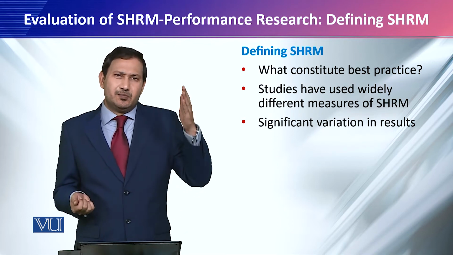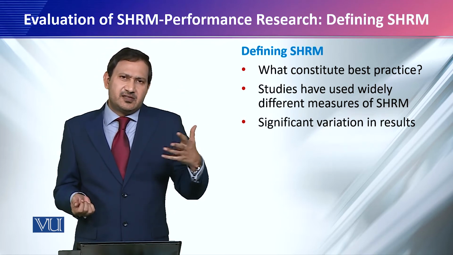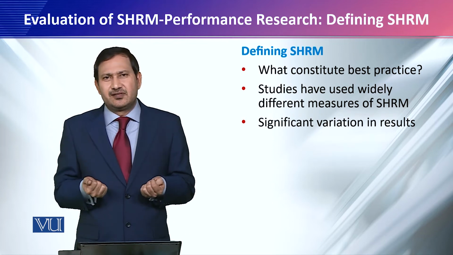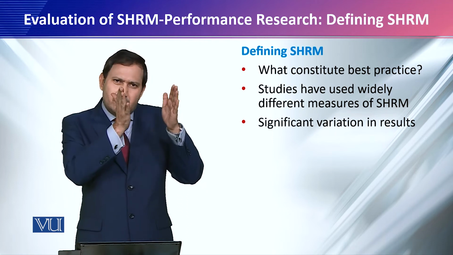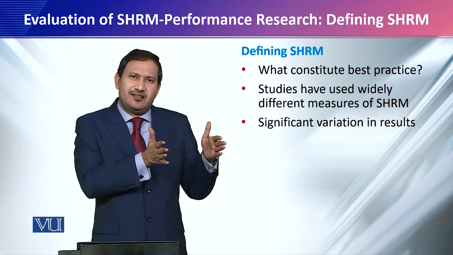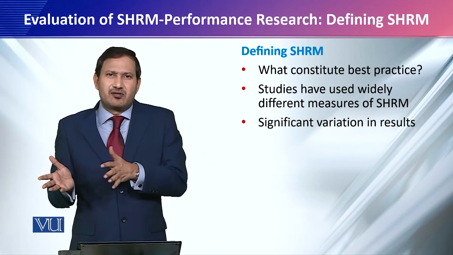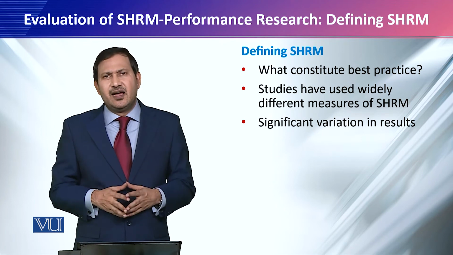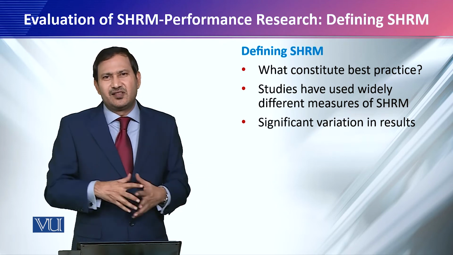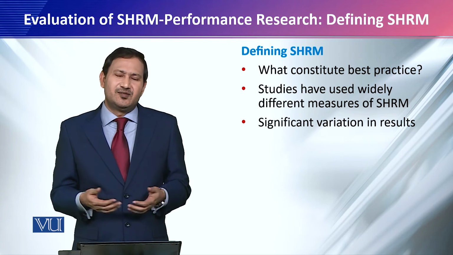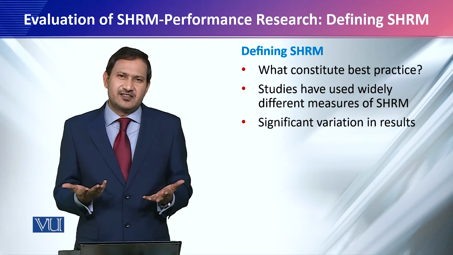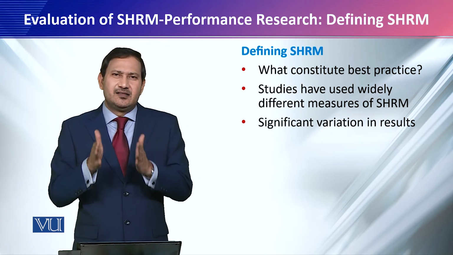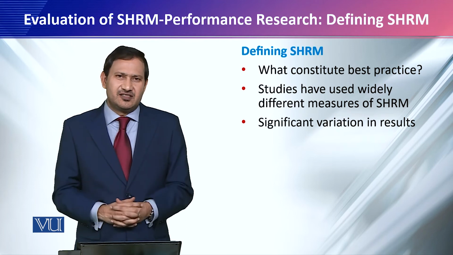So every study is measuring a different set of strategic human resource management practices. When studies vary and there is no standard independent variable measured to see its impact on organizational performance, research remains vague and ambiguous, and it is not conclusive enough to suggest to HR practitioners or HR managers that this is the recipe or the solution to enhance the performance of your organization.